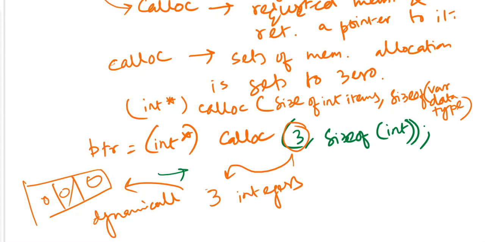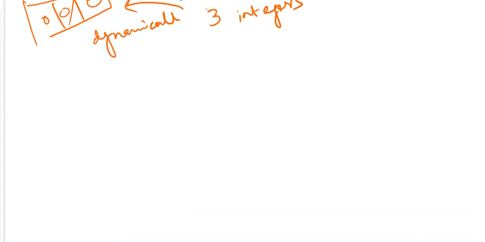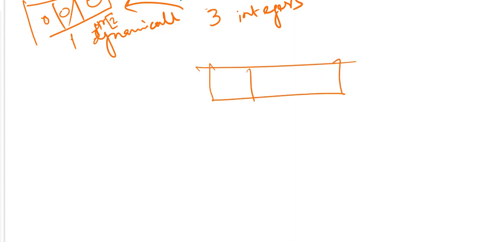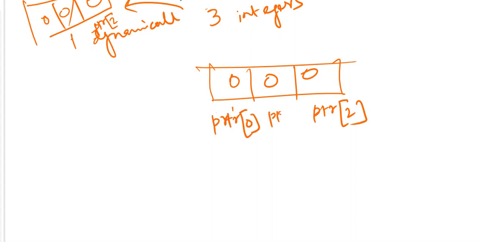So in this case ptr[2] equals 30. All three values were assigned 0, and ptr[2], the third element at index 2, gets the new value 30.